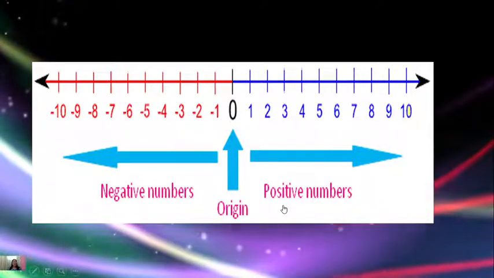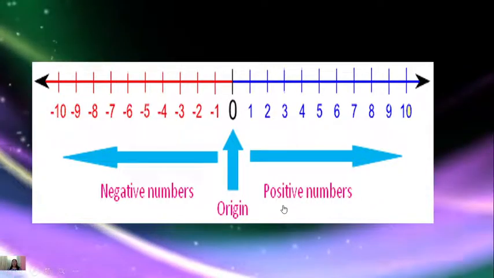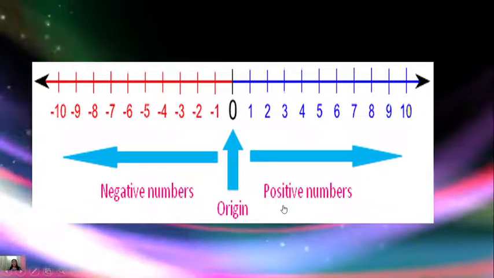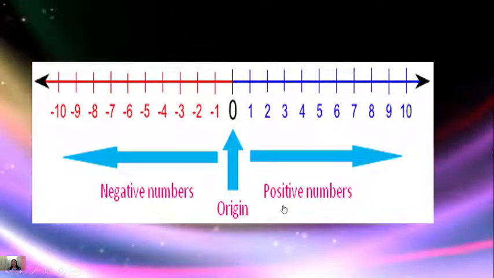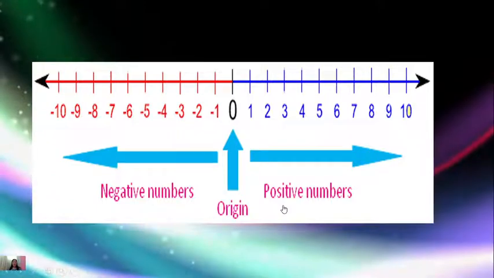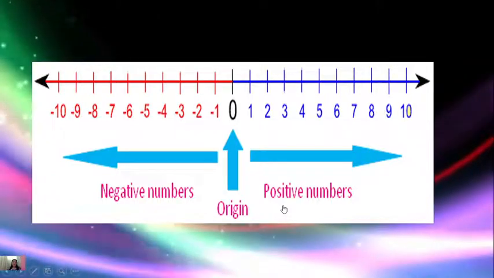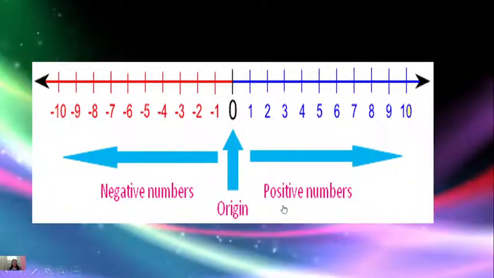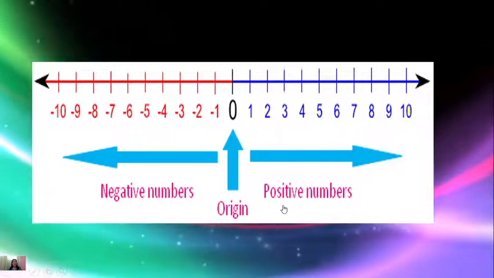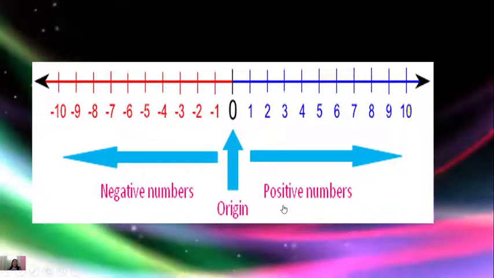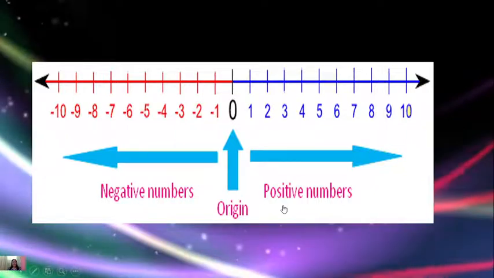The compositions of integers. We have the negative numbers, 0, positive numbers. But in our new lesson, real number system, makikita mo lahat dito yung tinatawag na rational numbers and irrational numbers.